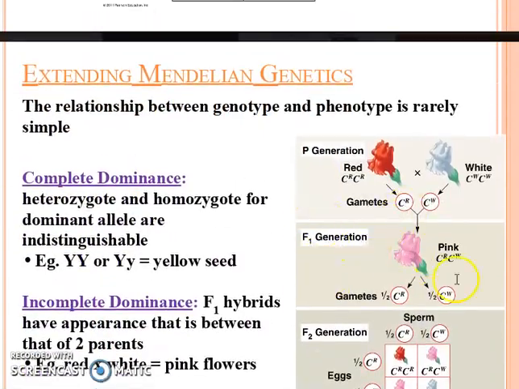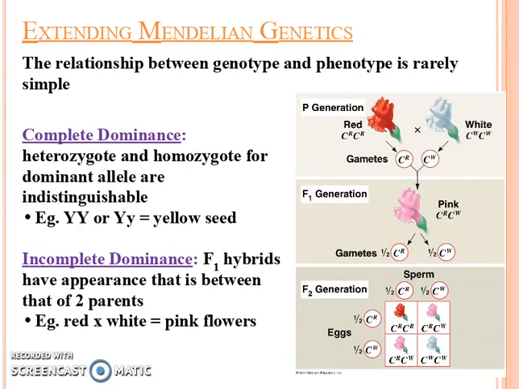So this is going to be focusing now on the other types of Punnett square questions, which we'll start off by talking about complete dominance. Complete dominance is what you're most familiar with, where a heterozygote and a homozygote will both show the dominant allele and be indistinguishable from each other. So if you had a capital Y or a capital Y, little y, it doesn't matter.